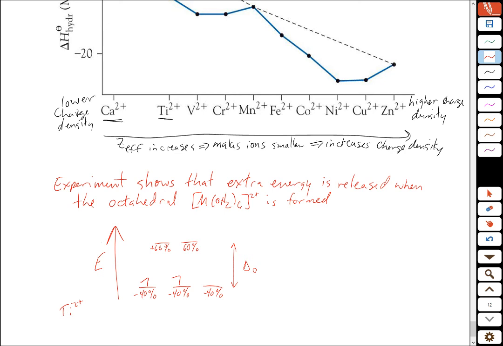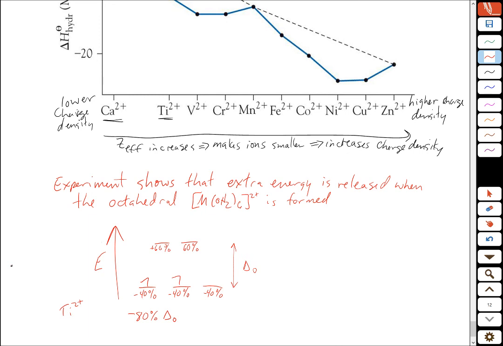We are actually releasing 80% of delta O. Whatever this splitting energy is, when we form the octahedral complex, we're releasing 80% of delta O by splitting the d orbitals. And so we're releasing even more energy.